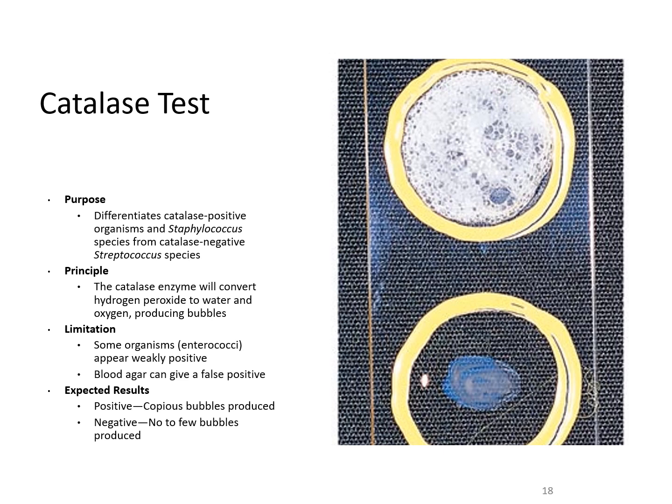With our catalase test, a little bit of the organism is placed onto a slide. You would take a stick or a culture loop, place that organism onto the slide, and spread it out a little bit. Then you would drop hydrogen peroxide on that organism.